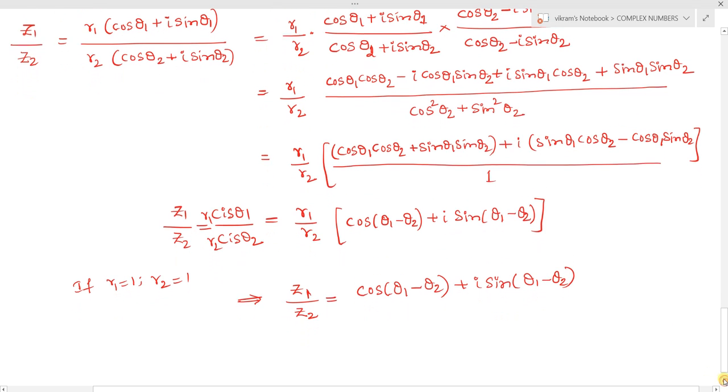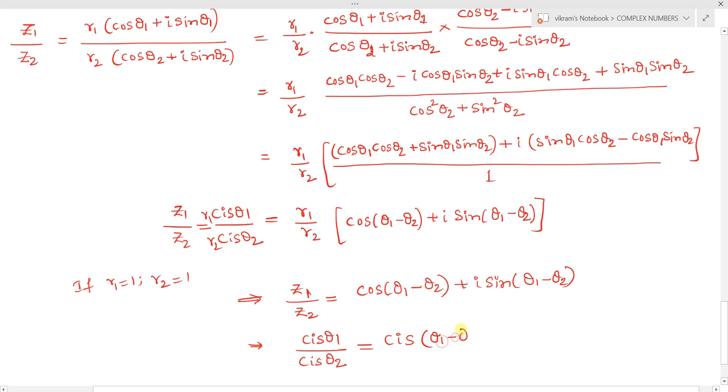So cis theta 1 by cis theta 2 equals cis of theta 1 minus theta 2, which is another important condition we obtain over here.